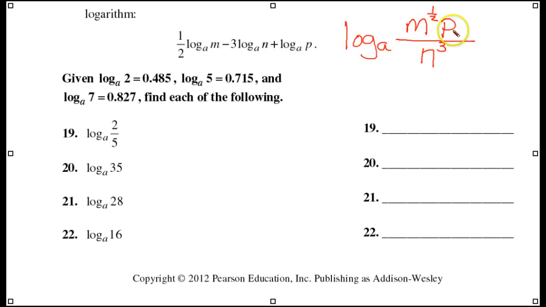And for our p, we don't have anything. Now another way this might have been written, we could have said p, the square root of m, over n to the third. Another way.